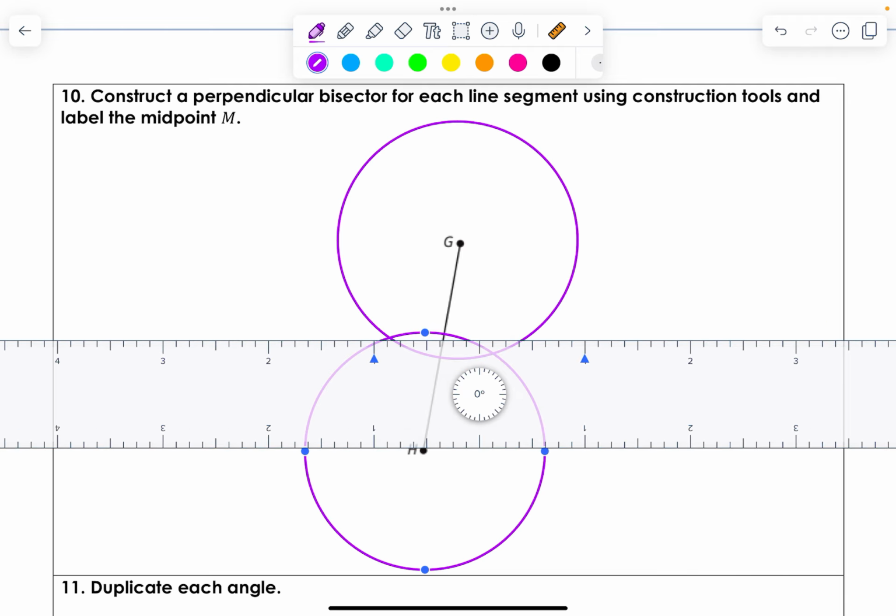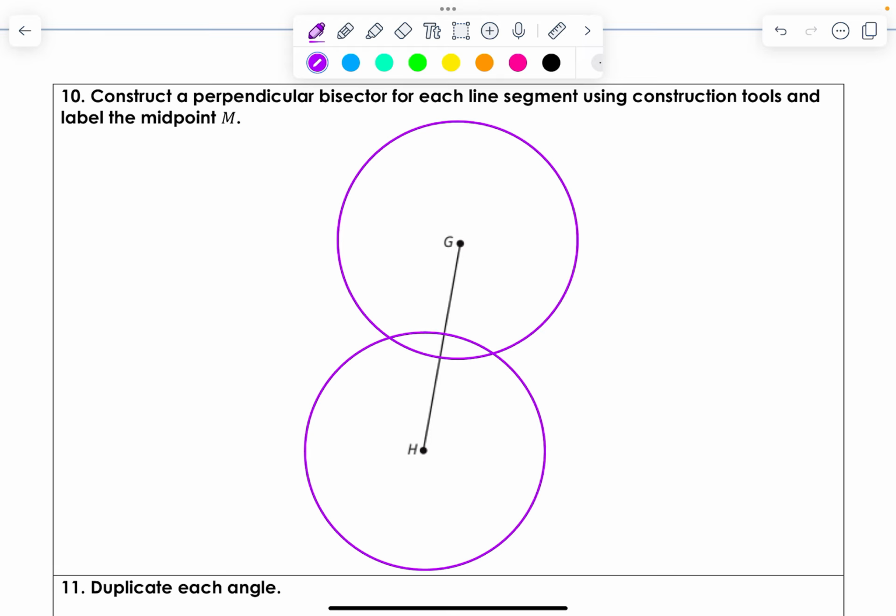Okay, that looks good. All right, so my circles are centered on the endpoints. All I gotta do is draw a line that goes through this point of intersection and that point of intersection.